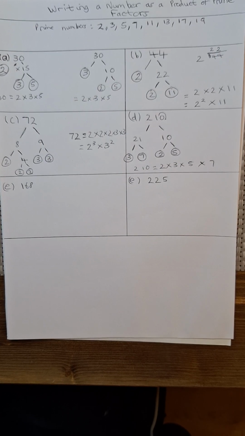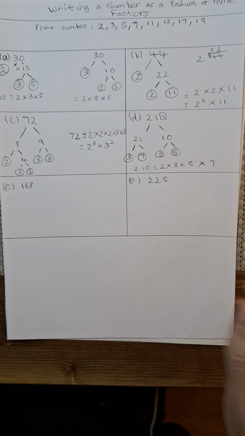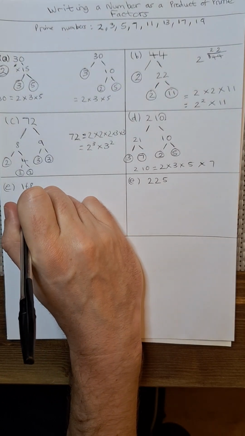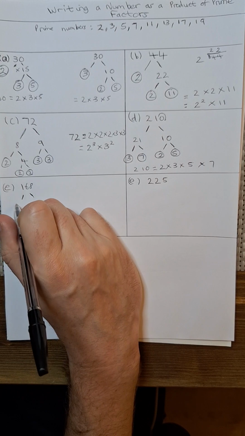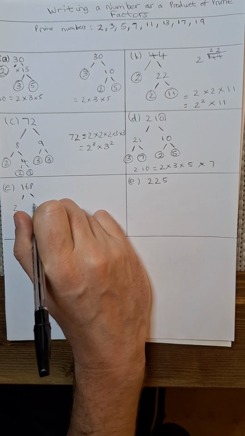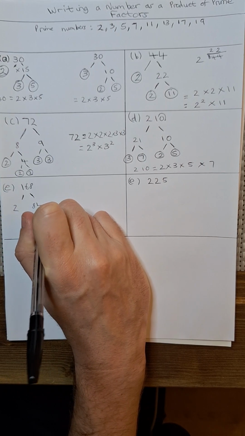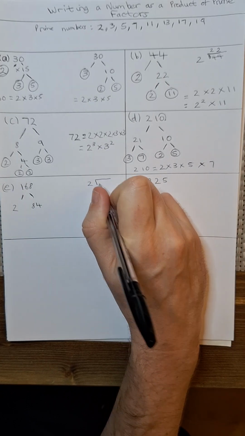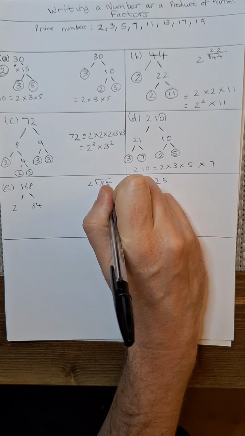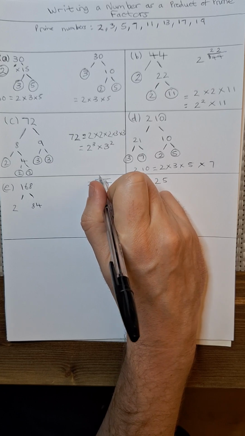Next one, 168. Again, it's an even number. So I'm going to divide it by 2. So 2 times 84 using my mental maths. But again, if you're unsure, just simply divide.